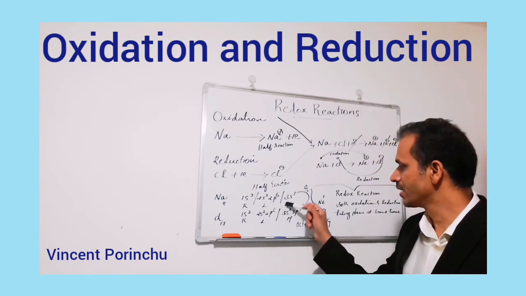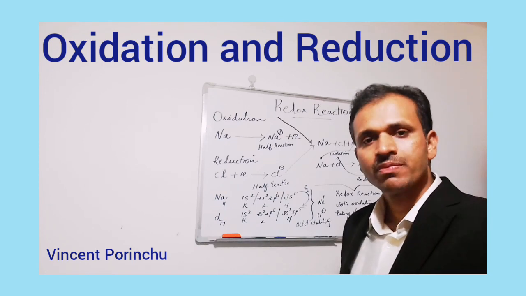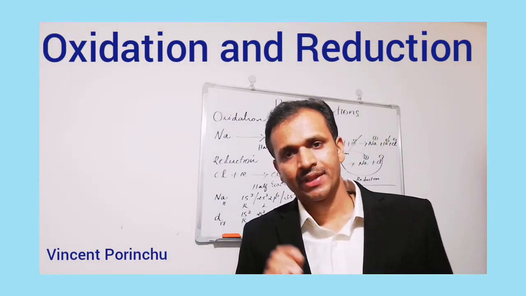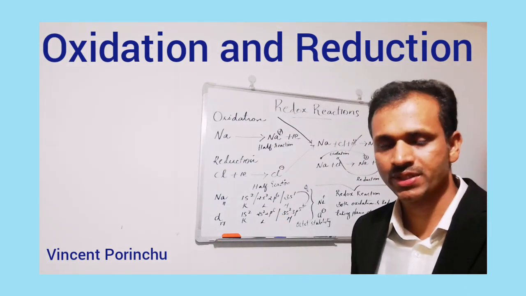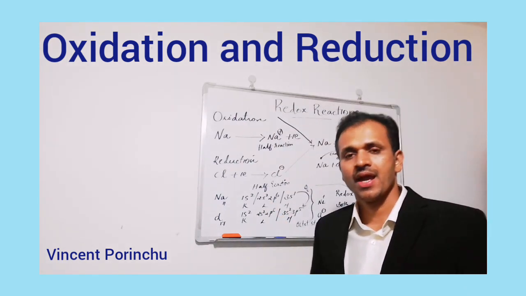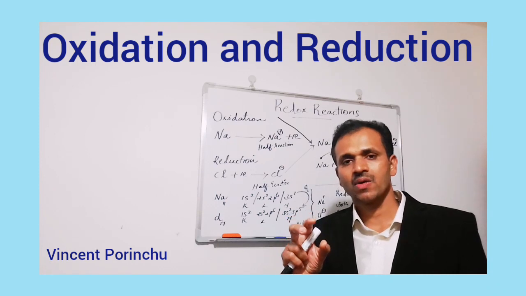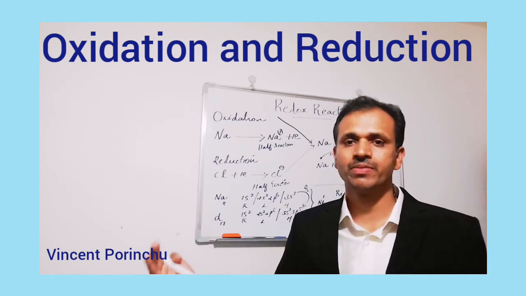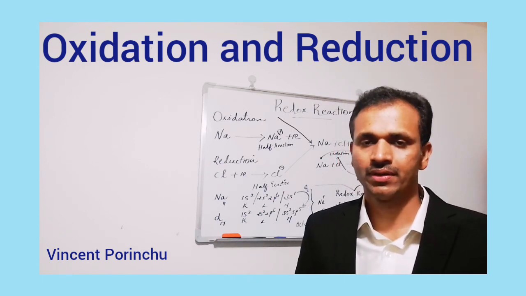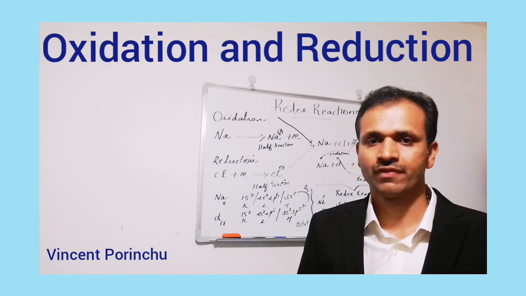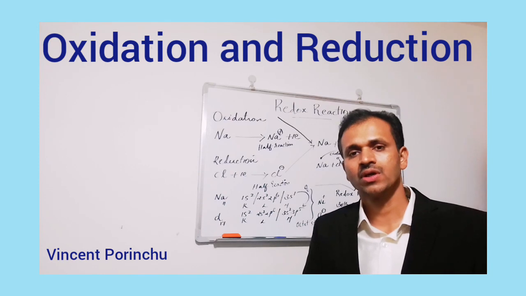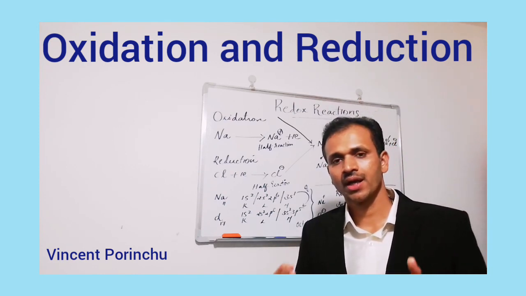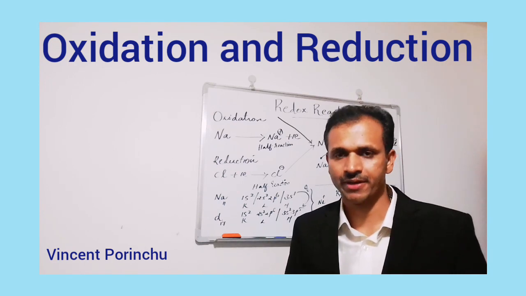That means in the outermost orbital of the chlorine atom, there are 7 electrons. Because of those 7 electrons, chlorine has a tendency to become a negative ion, because if chlorine forms the chloride anion, the chloride ion has octet stability.